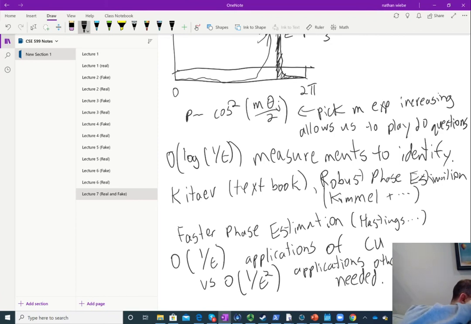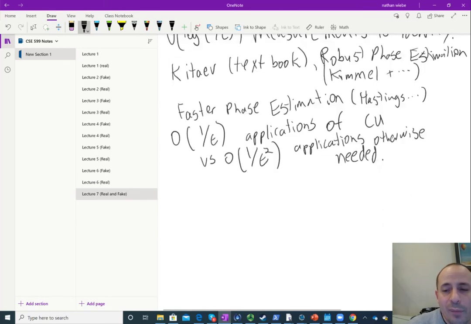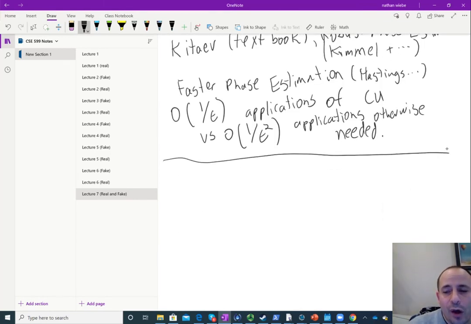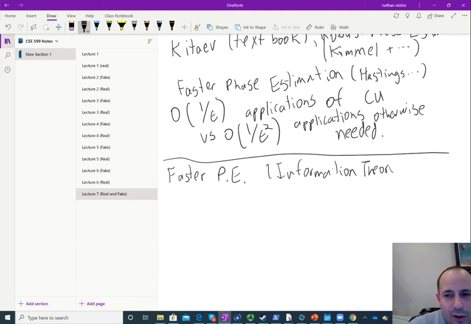Okay, so just to give you an idea about how such a protocol will work, let me give you a quick recap of the phase estimation protocol, the Bayesian one proposed in the Faster PE paper. They call this information theory PE. And the basic idea is that the algorithm works as follows.